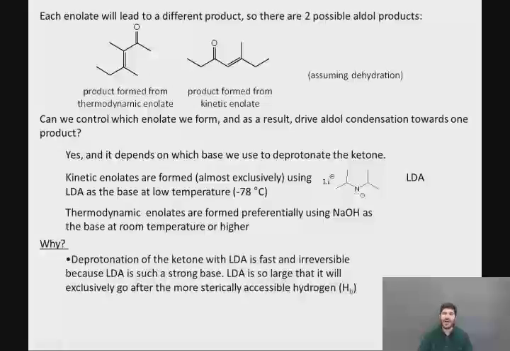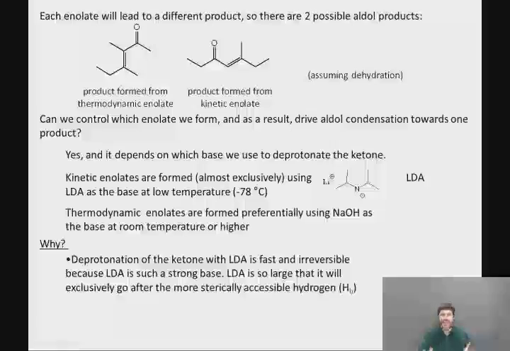Now we've got to understand why this is the case. Well, deprotonation of the ketone with LDA is going to be fast and irreversible because LDA is such a strong base.